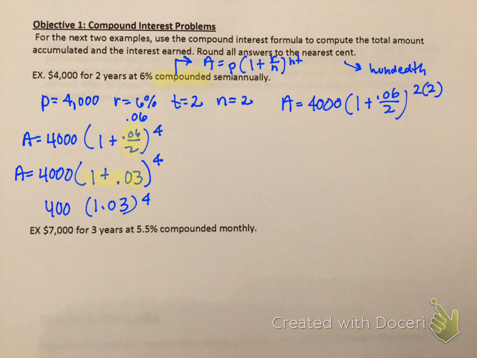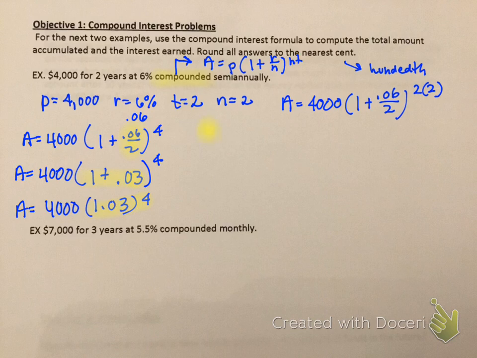And I'm just writing down the rest of the problem. Now that we've simplified inside the parentheses, we have to move on to the exponents. So I'm going to take in my calculator 1.03 and raise it to the 4th power.